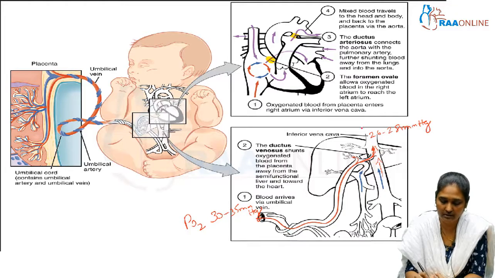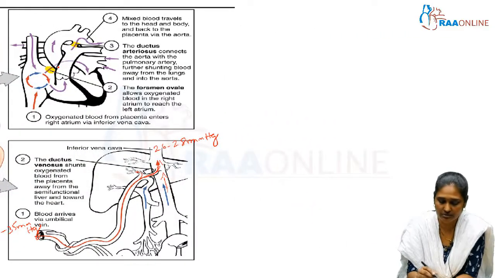This now reaches the right atrium through the IVC. From the right atrium, through the foramen ovale, the oxygenated blood reaches the left atrium.